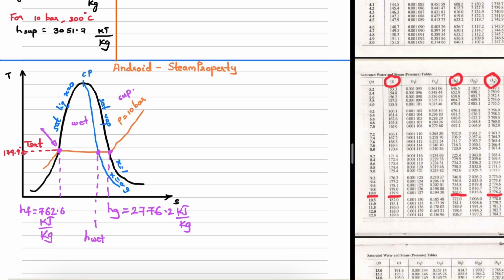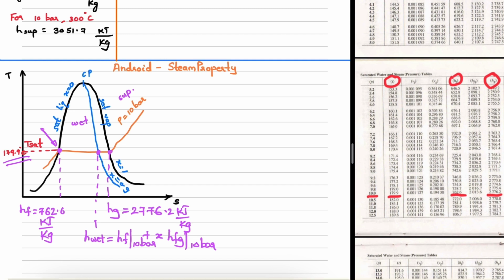Next we will calculate the H wet value. The formula for H wet is Hf at the given pressure 10 bar, or you can write at temperature of 179.9 degrees Celsius, plus X times Hfg. Hfg is also at 10 bar or at 179.9 degrees Celsius.